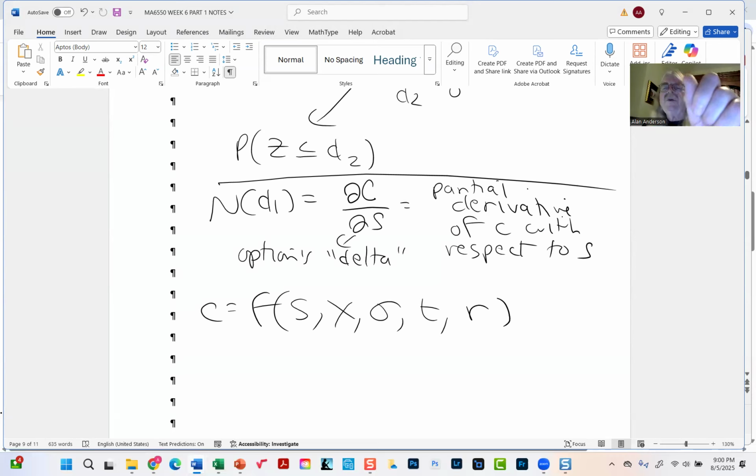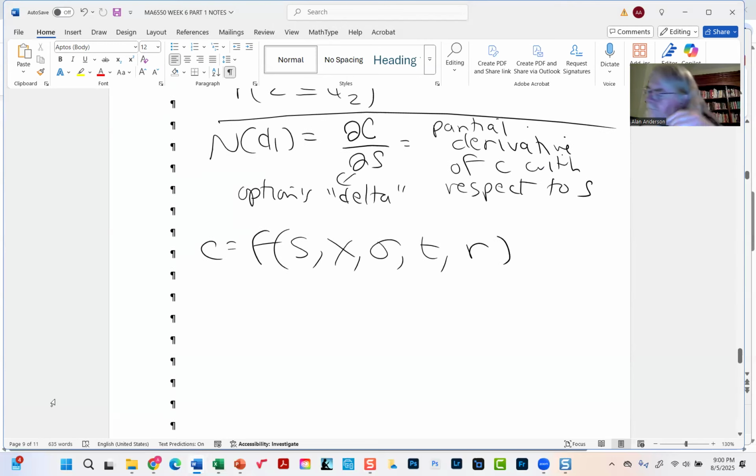But you can think of it this way. If the stock price goes up by $1, what does that do to my call price? Okay, so again, it's a partial derivative based on the relationship between the call itself and the stock price underlying it. And so this is what it means.